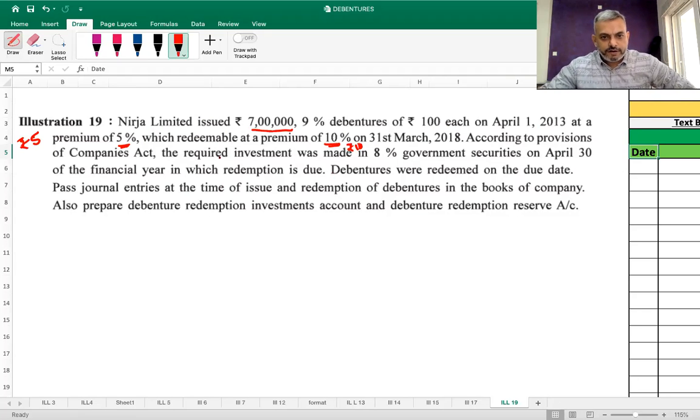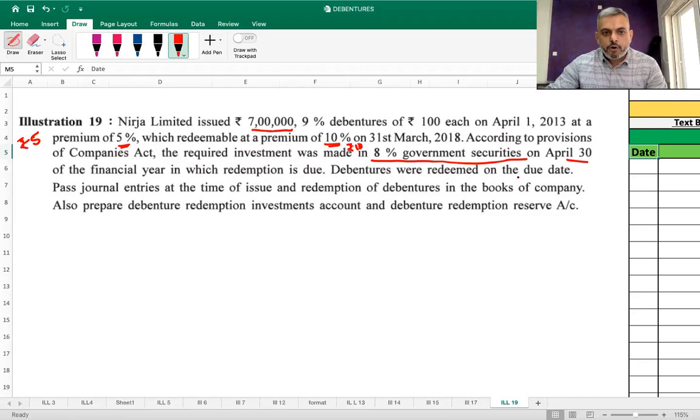According to provision of Companies Act, the required investment. So what is the required investment? It is 15% of the face value of debentures to be redeemed. Okay, where we have done this in 8% government securities on 30th April of the financial year in which redemption is due.